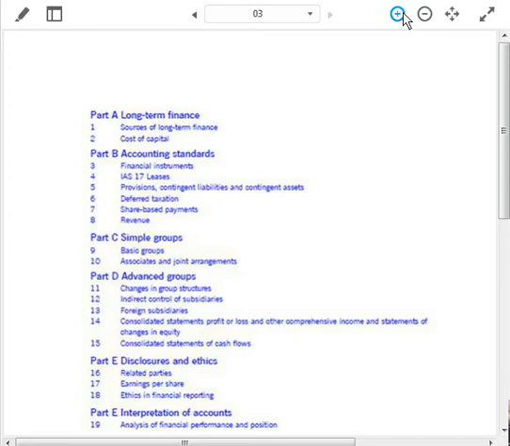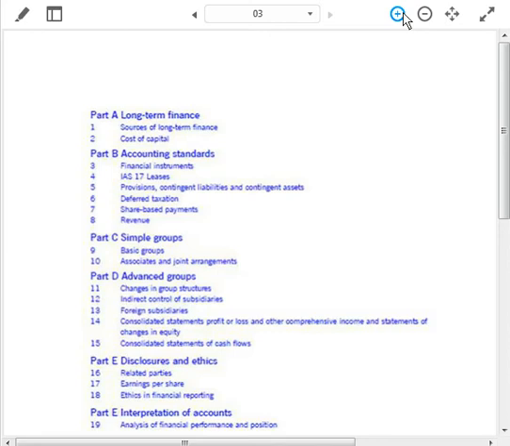Then financial reporting also involves learning about simple groups and advanced groups. Simple groups involve how the simple relationship of a parent and subsidiary would exist, and we also would learn how to account for associates and joint arrangements. Associates and joint arrangements are accounted for using accounting standards, as is the subsidiary accounting.